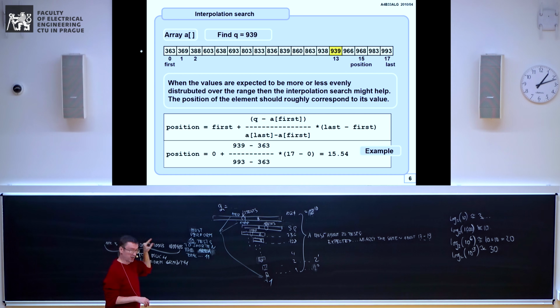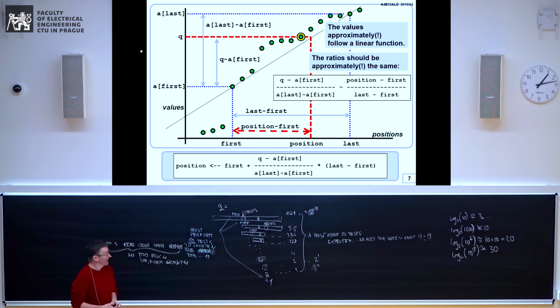There is prediction that this is effective when the data, as I have told you before, are close to linear functions. So let's have a picture. Imagine your data are somehow growing like that, and you are looking for some query, and you want to know where it is located. So you might imagine that on the x-axis are positions.